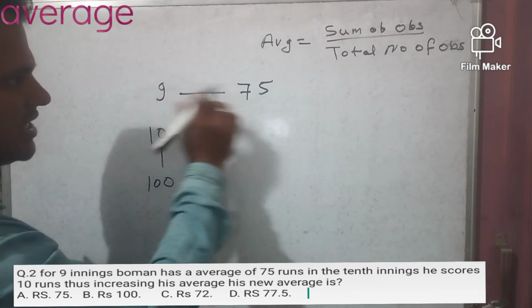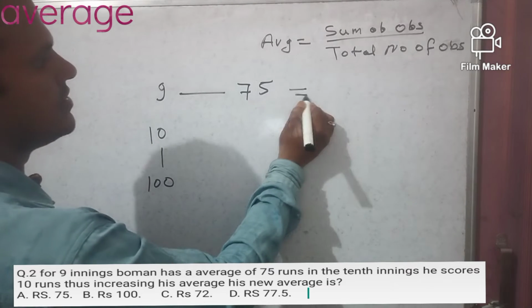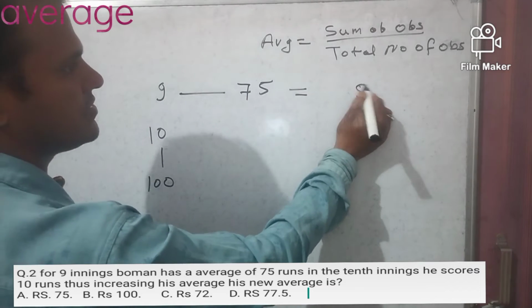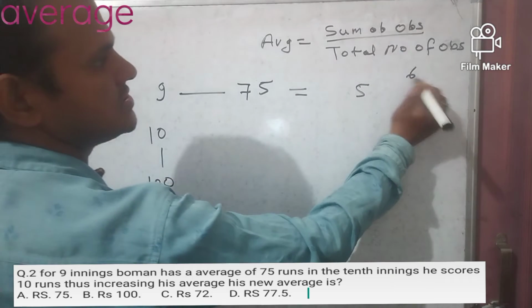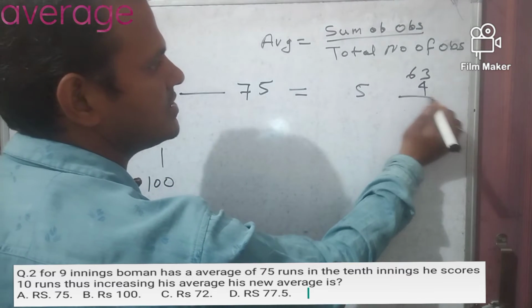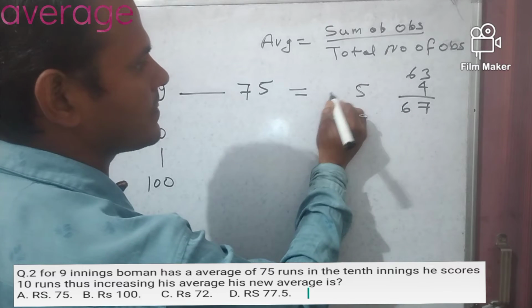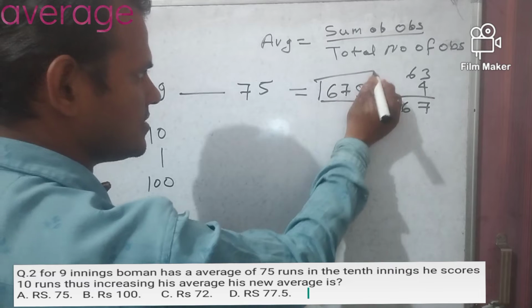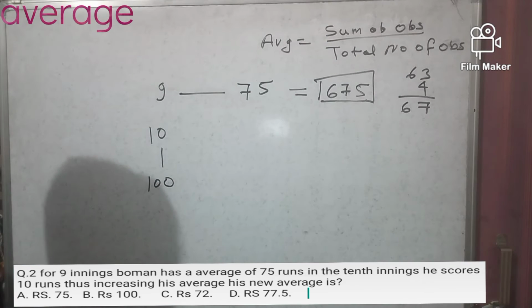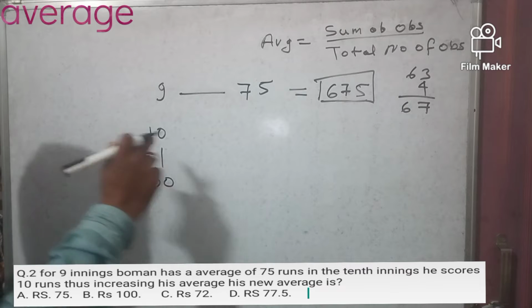So the 9 innings average is 75. Total runs in 9 innings: 9 fives are 45 and 9 sevens are 63. 63 plus 4 will be 67. So total runs in 9 innings are 675 and in the 10th inning he scored 100.